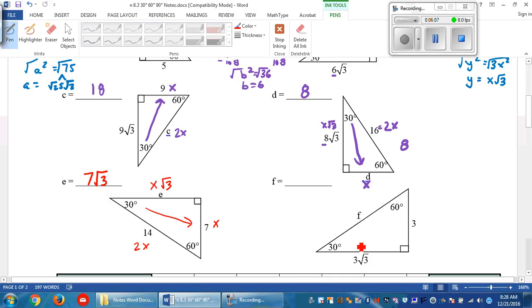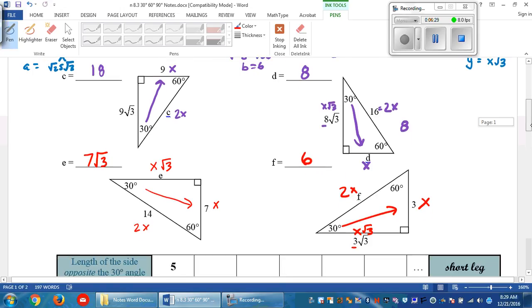And last but not least, this side's x root 3, this side's 2x. So look at the pattern. What are we saying? We're saying x is 3. Here, x is still 3. Look, x is still 3. So here, if x goes in here, 2 times 3 makes 6 for my answer.